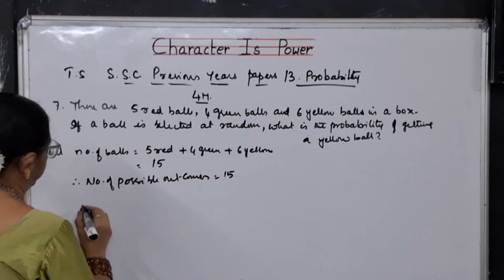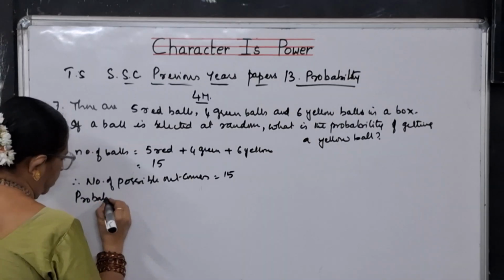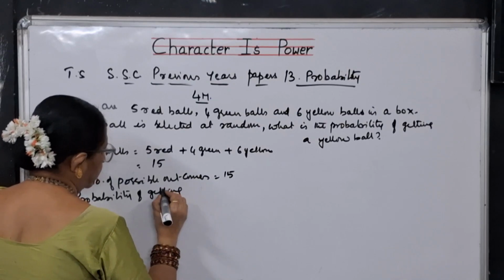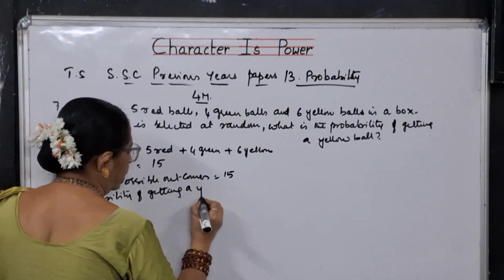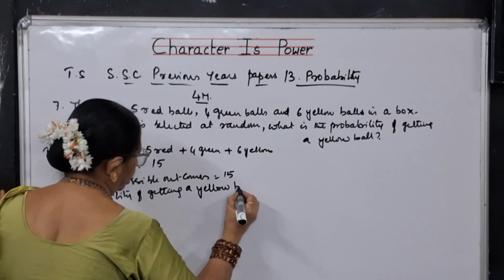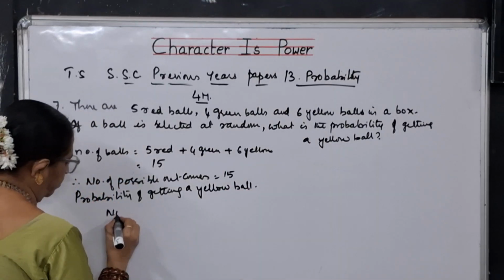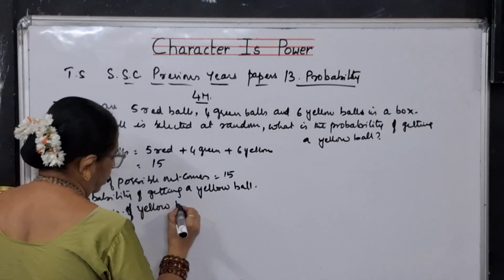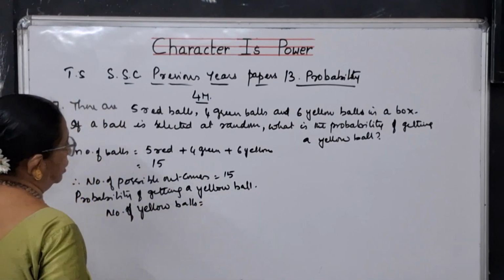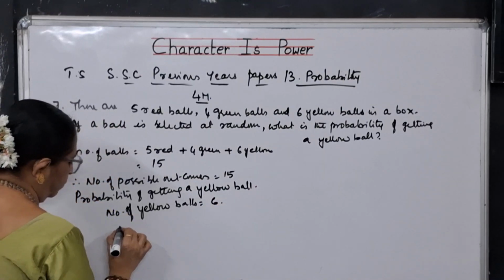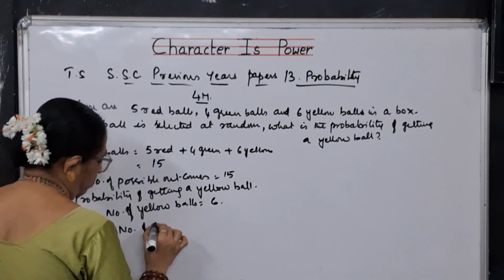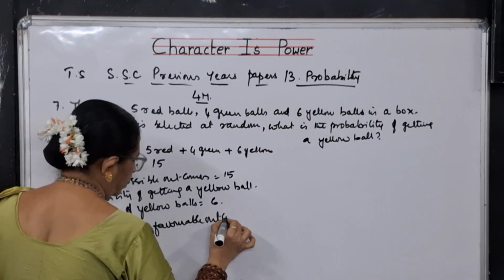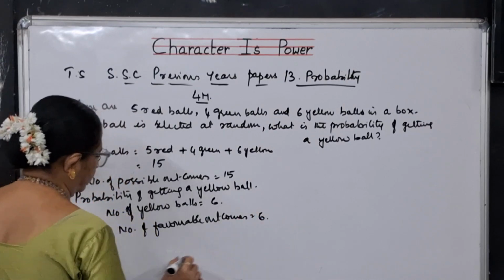Now, you want the probability of getting a yellow ball. This is the question. So, how many yellow balls are there? 6. So, the number of favorable outcomes is equal to 6.